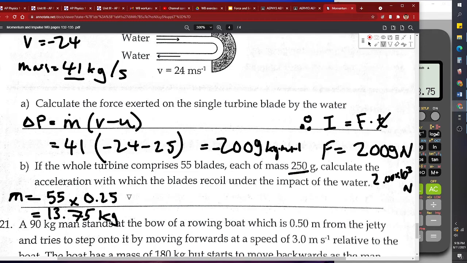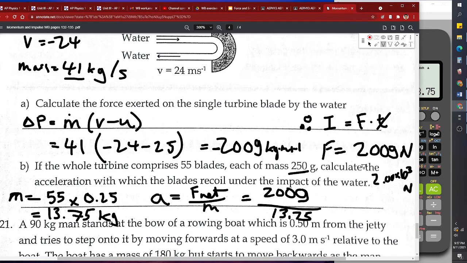So if we assume every single one of those blades is getting hit by water every second, then we already know the force every second. So what's the acceleration? This one's kind of easy. We're going to rearrange our net force, force divided by mass. So we got 2009 if we use that one, divided by the mass.